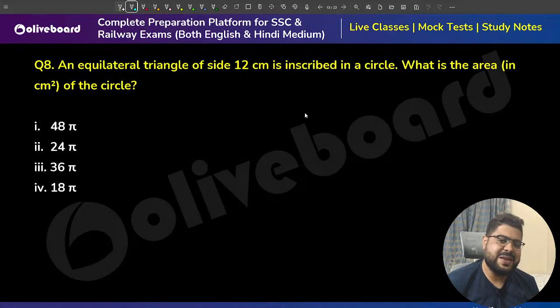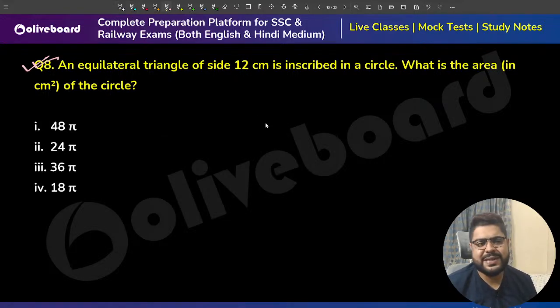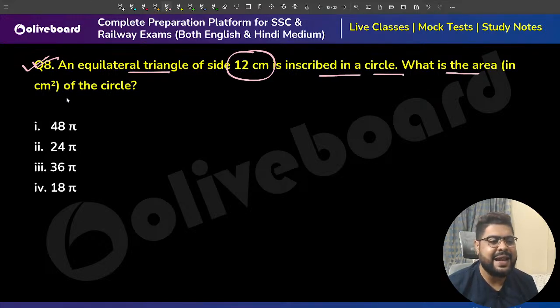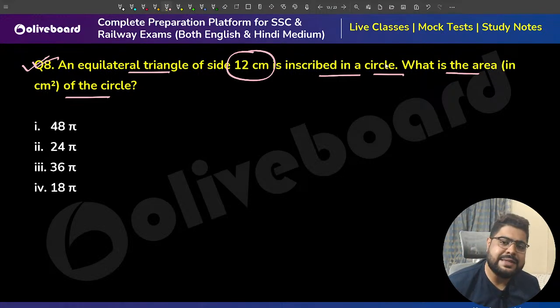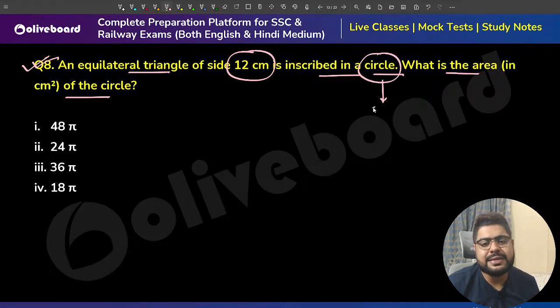Now, mensuration. 2D mensuration. An equilateral triangle of side 12 centimeter is inscribed in a circle. What is the area of the circle? Inscribed in a circle means this circle is nothing but the circumcircle.